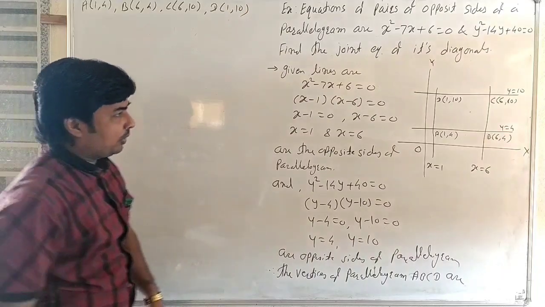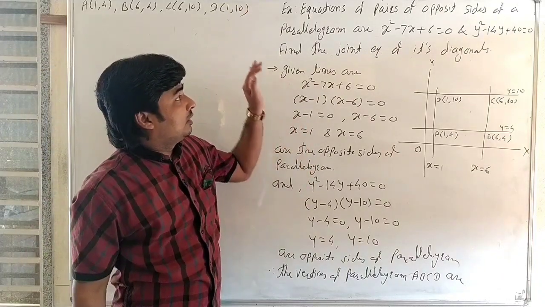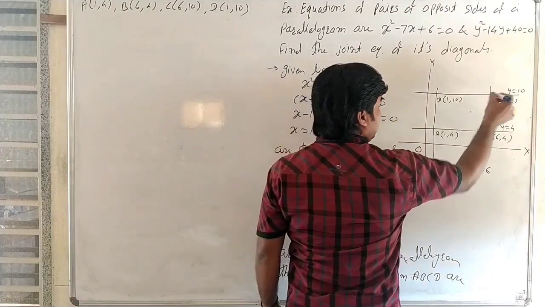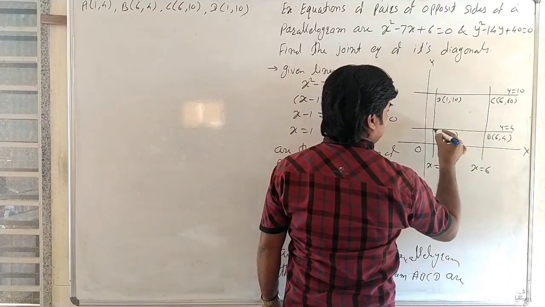We have to find the joint equation of its diagonals. Therefore AC and BD are the diagonals.